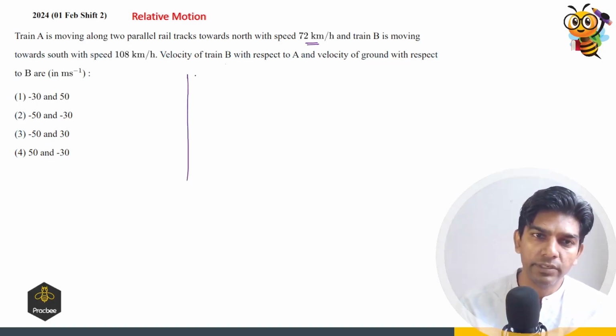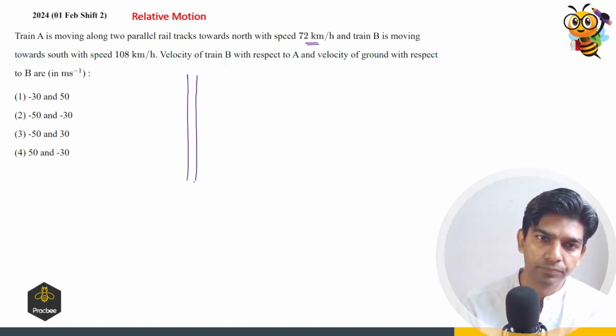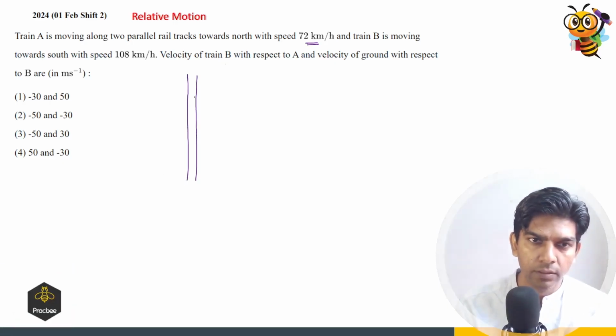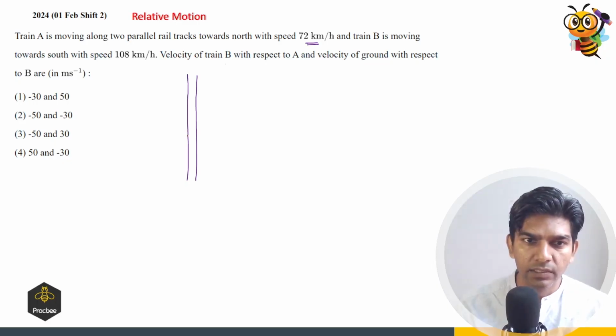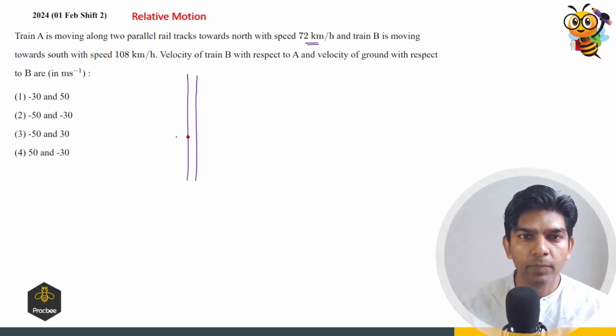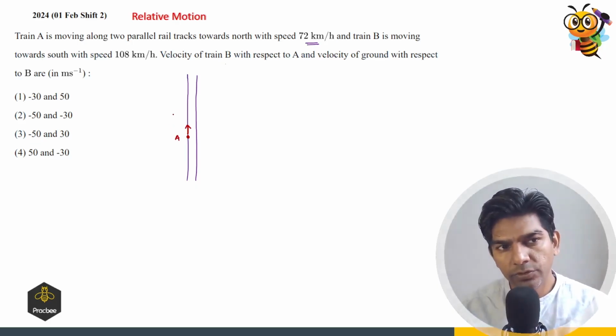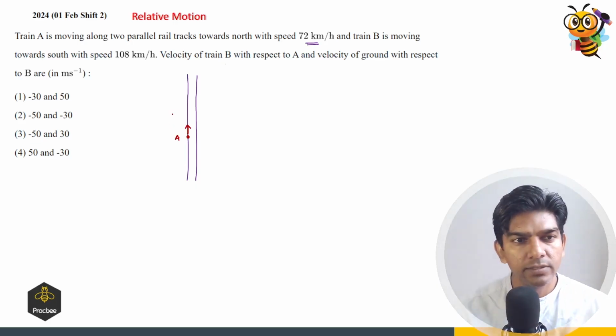These are two parallel tracks, and this is train A, which is going towards north with a speed of 72 kilometers per hour, and we have to find the answer in meters per second.